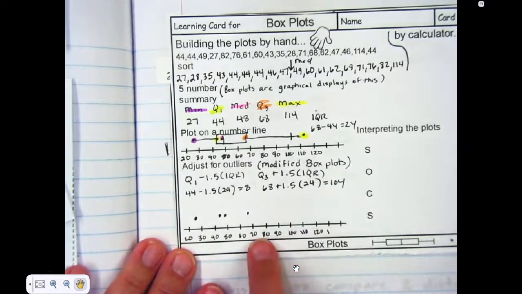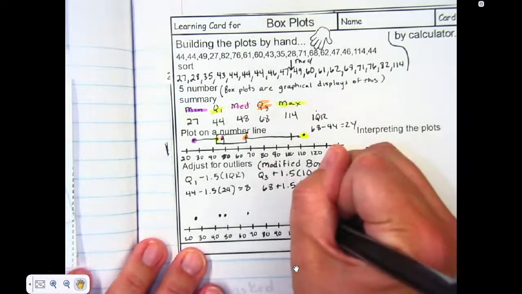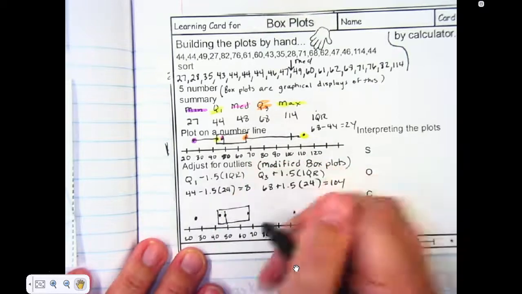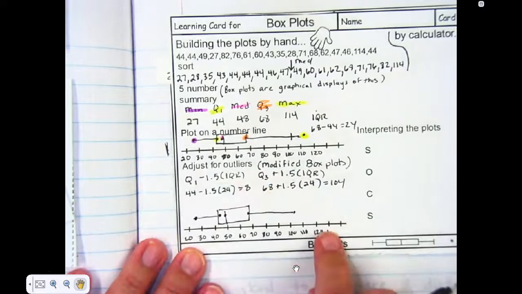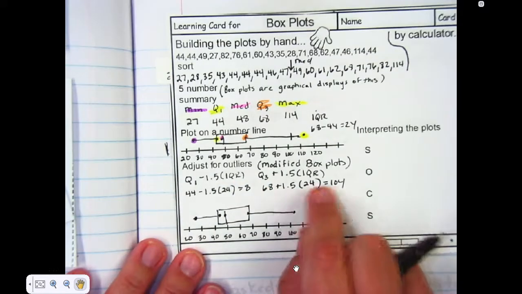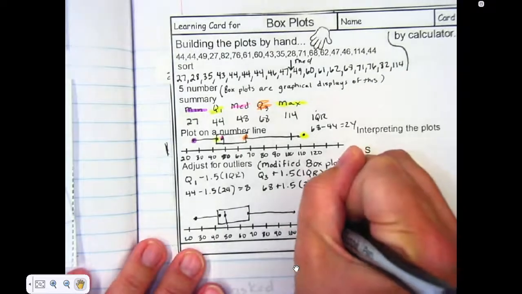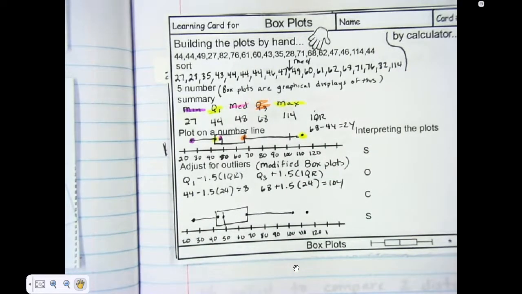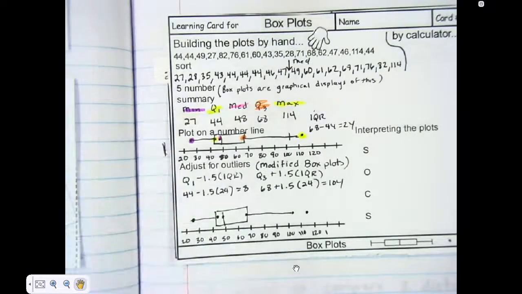However, this 104 is where my box and whisker plot is going to end. I'm going to box, draw the line through the median, and draw my lines out. Any value that is greater than this, I put a dot. So where 114 was, I'm just going to put a dot. So I have my regular box plot and my modified box plot.